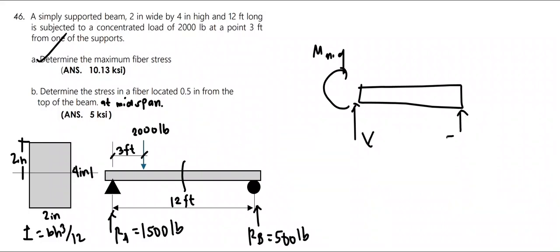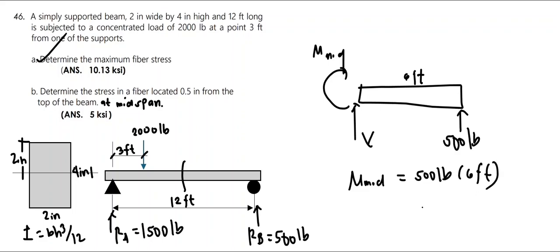We have a reaction at B that is equal to 500 pounds and a distance of 6 feet. Let us solve for the moment. This is just equal to 500 pounds times the distance of 6 feet, which is equal to 3,000 pound-foot.